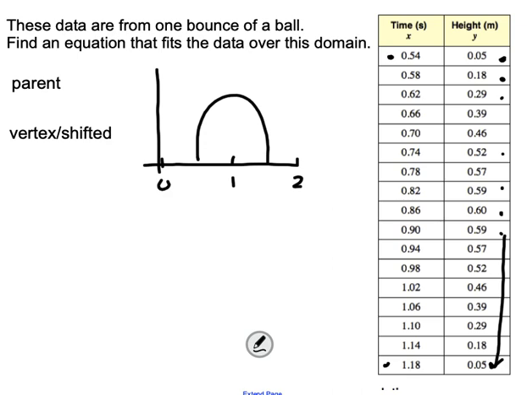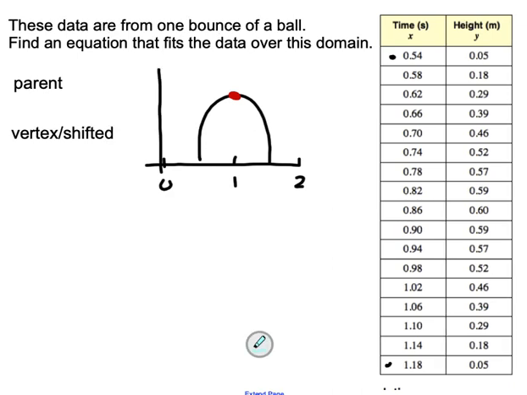We've got this upside down parabola. And I want to tell you that in this list, the vertex is given to you. So the highest point of that parabola is given to us. I'm looking at where the height is the highest, and it was right here at 0.6. But is that the vertex?